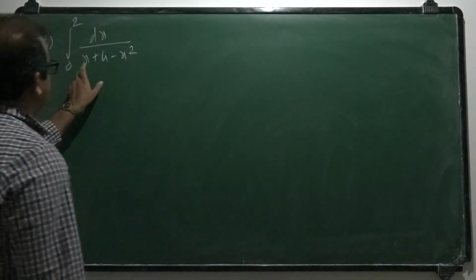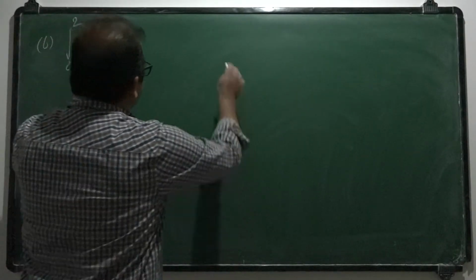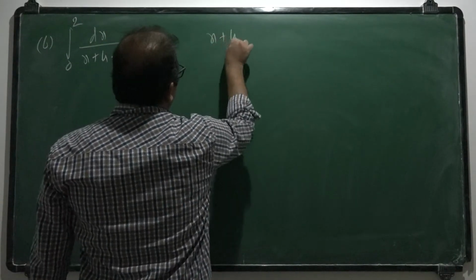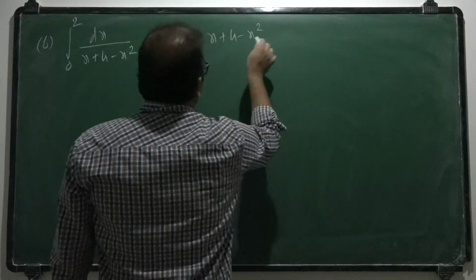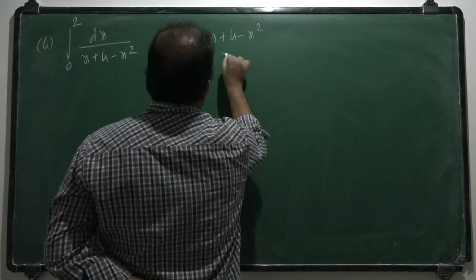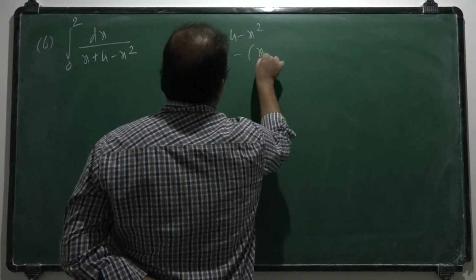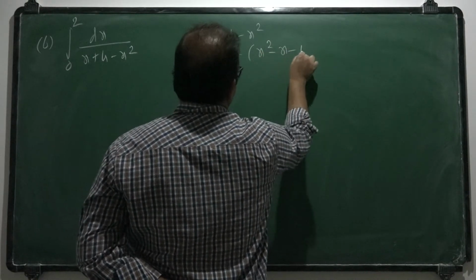See, what is the denominator? x plus 4 minus x square. You write it as, take minus common, minus of x square minus x minus 4.